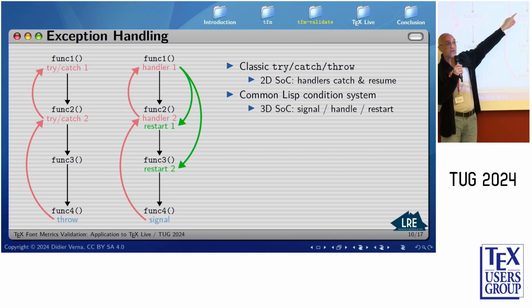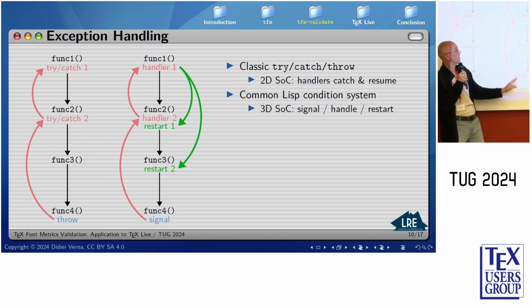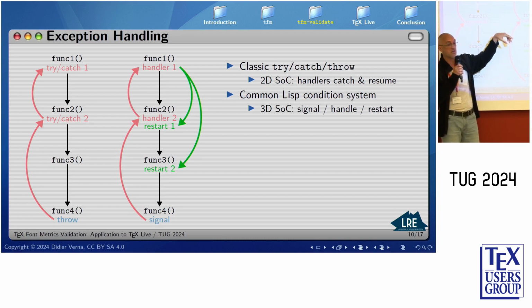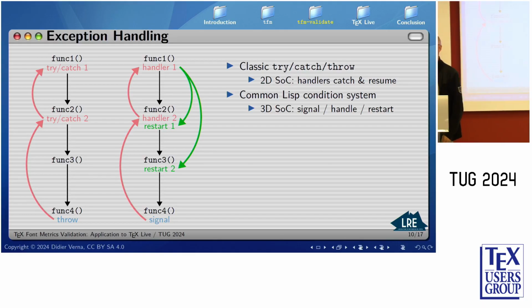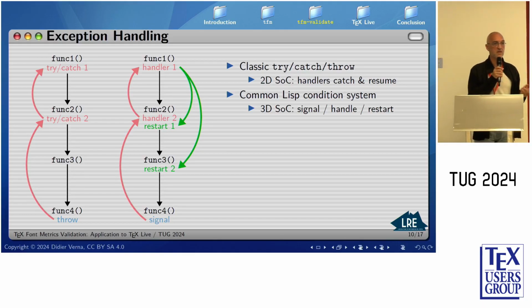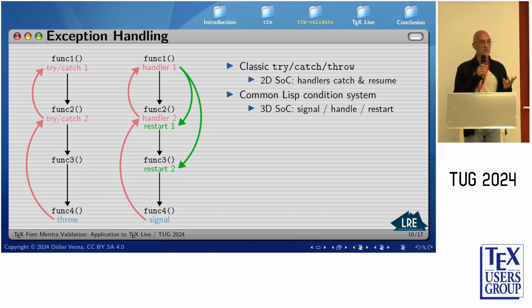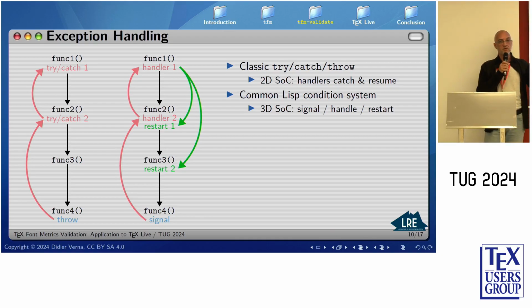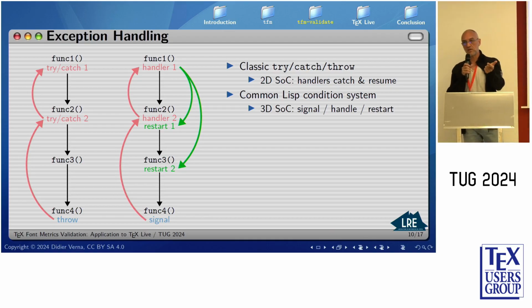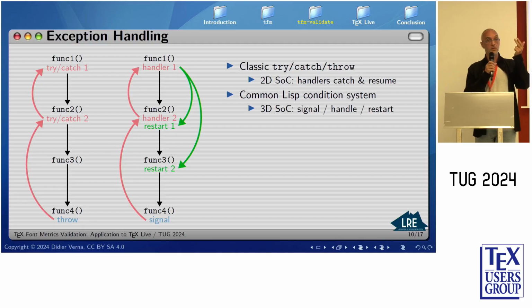If the handler here declines to handle the exception, it will continue its travel up the stack, and this one will see both of these restarts as well. So in that system, you have a 3D separation of concerns. Catching an exception is different from signaling an exception, but it's also different from the position at which you want to resume the computation. Okay?